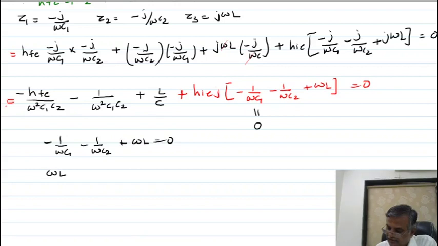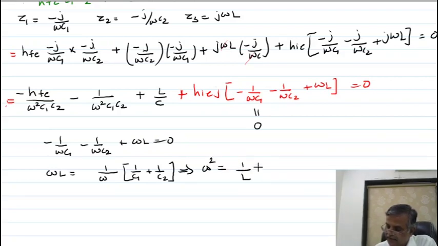So omega L is equal to 1 upon omega into 1 upon C1 plus 1 upon C2. So I can write omega squared is equal to 1 upon L into 1 upon C1 plus 1 upon C2.